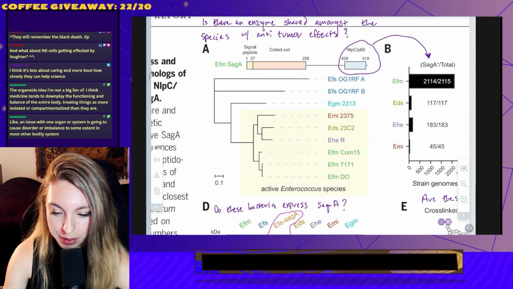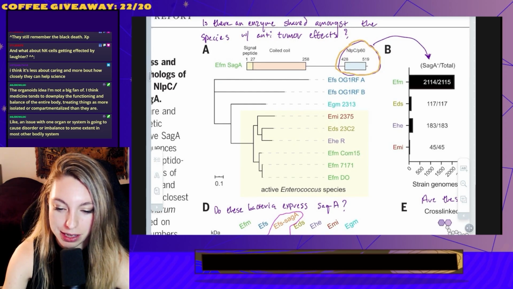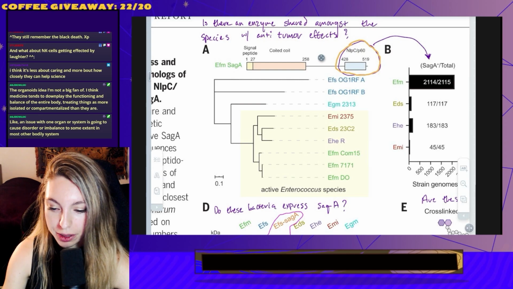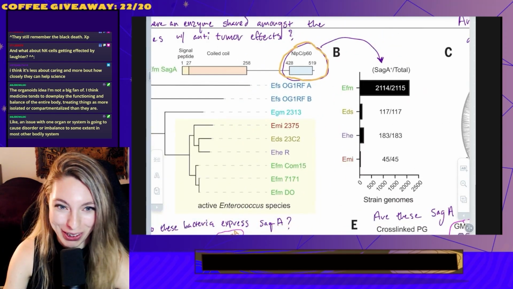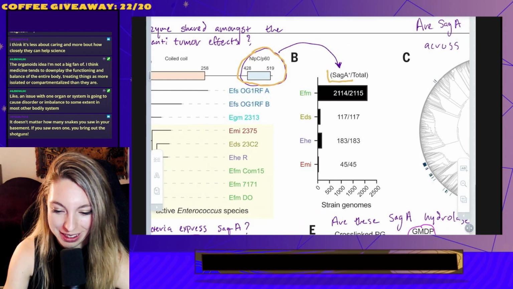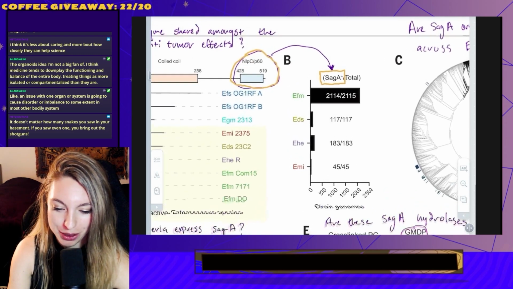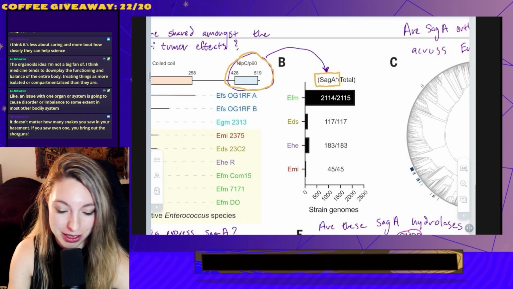And they find a gene called NLPCP60, blah, blah, blah. What is that? That encodes our little Pac-Man hydrolase, SagA. So SagA, remember, it's an enzyme. So the full name, oh my God, what was the full name? It was basically a peptidoglycan hydrolase.